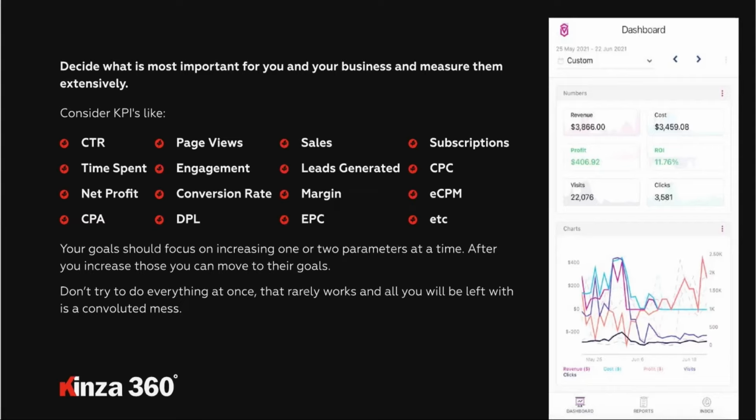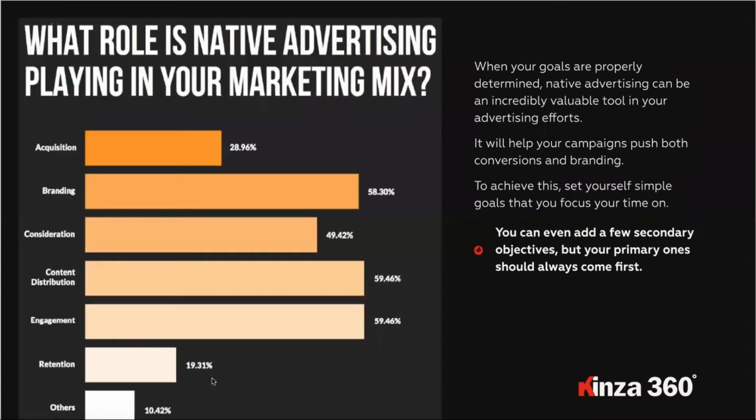And that's impossible, right? So it's more important for you to focus on, I think, CPA and EPCs are very important. How much you're getting, how much is the EPC. Those are two metrics that are important, right? But then slowly, as you perform, as you're really good with those, you can add more, right? Beautiful.